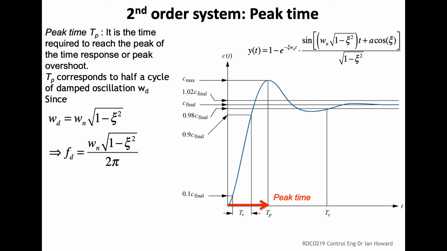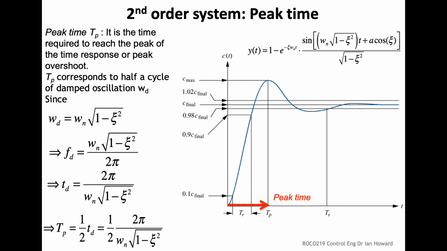We've got to change the angular frequency to the actual frequency in hertz, and then we can flip it to get the time out as well, in order to get half the period of that. I'm not expecting you ever to learn these formulas, it's a bit tricky, but you definitely need to be able to say, looking at that waveform, what's the peak time? In fact, you need to say what's the peak time, what's the rise time, what's the settle time.